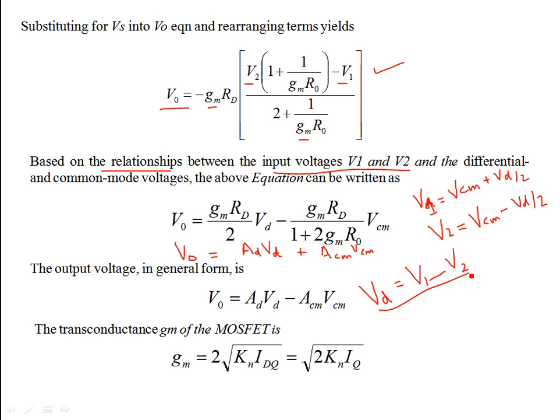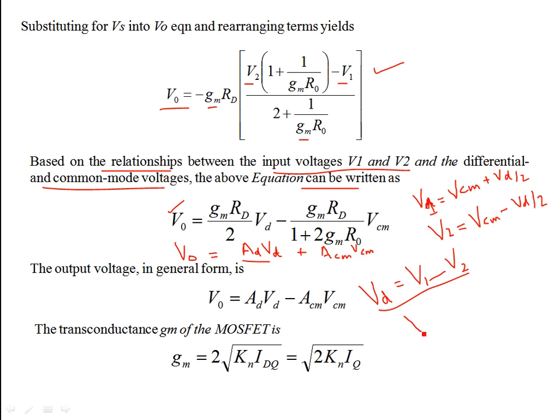That's how you define the output voltage in terms of the differential gain and the common mode gain. Based on the relationship between the input voltages V1 and V2 and the output voltage V0, we are just expressing that relationship in terms of the differential and common mode voltages, and the above equations can be written as such.